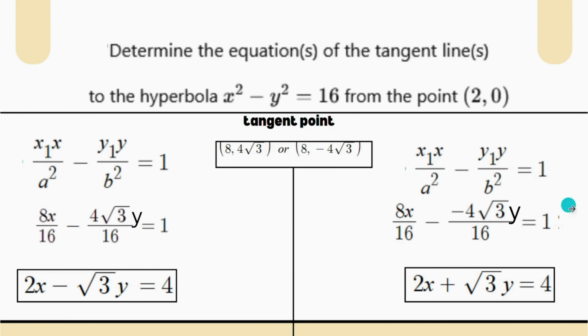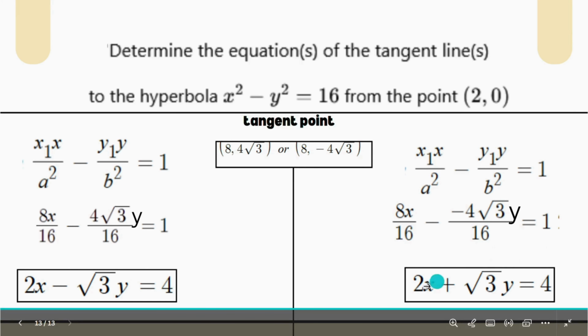And we multiply both sides by 4. And we get the equation of the tangent line: 2x plus root 3 y equals 4. And from doing this, we have obtained two tangent line equations.